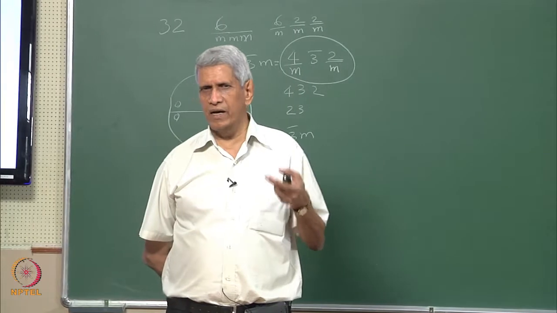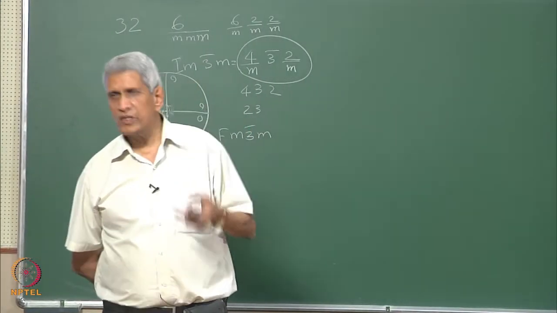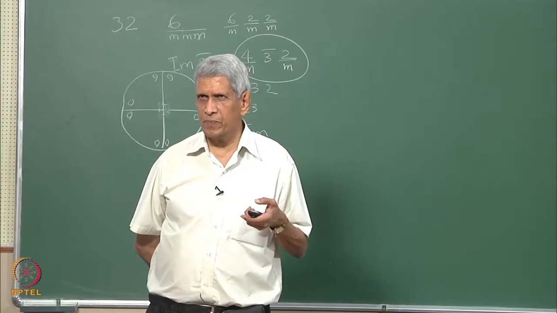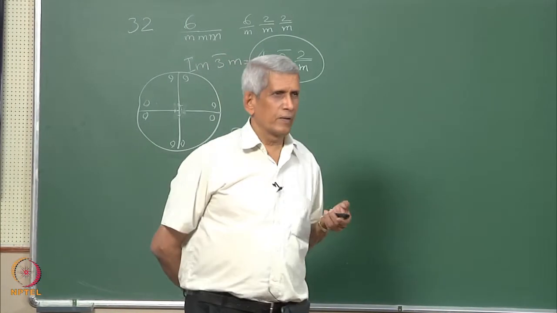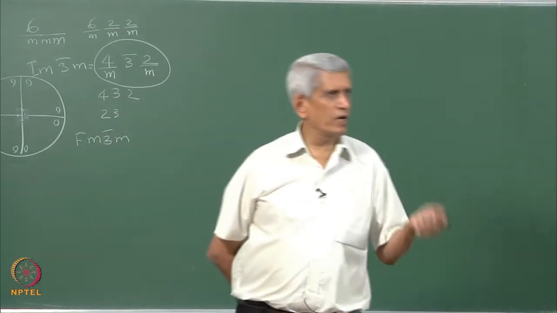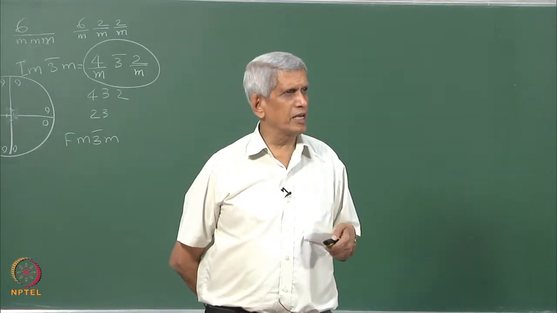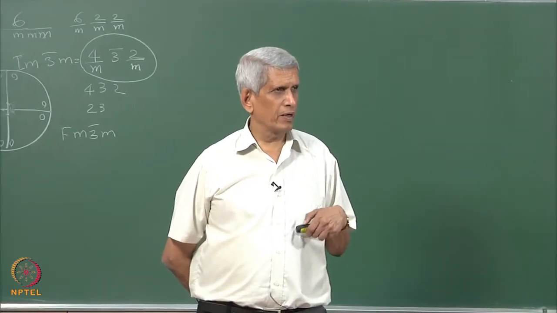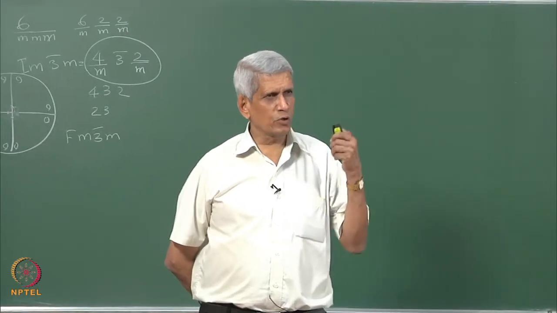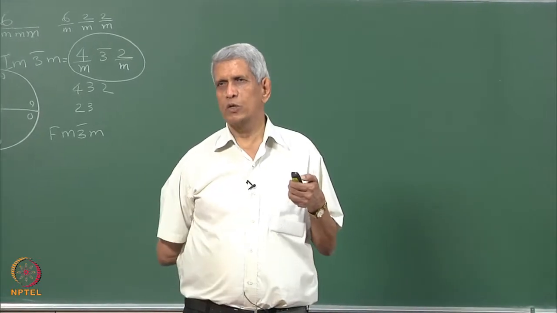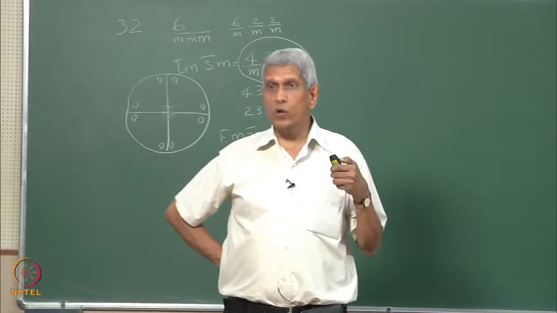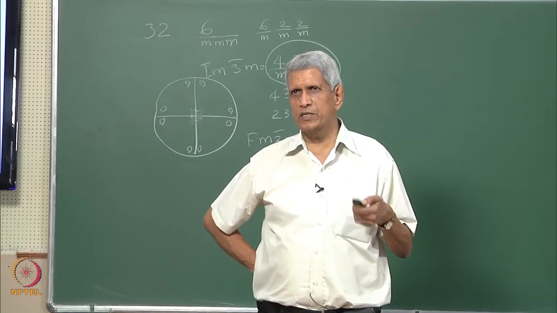One is glide and another is a screw axis. So for a crystal, apart from these point group symmetry elements, these symmetry elements also come into play. If we take a combination of all these symmetry elements, the total number of distinct groups of symmetry elements which we can have turns out to be 230.